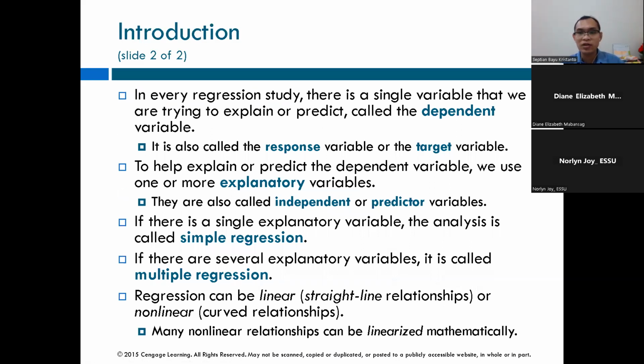So in regression analysis, we should categorize the variables into two areas. The first one is the dependent variable. We call it dependent because it is what we are trying to explain or predict, and sometimes it has different terms like response variable or target variable, but they are the same.